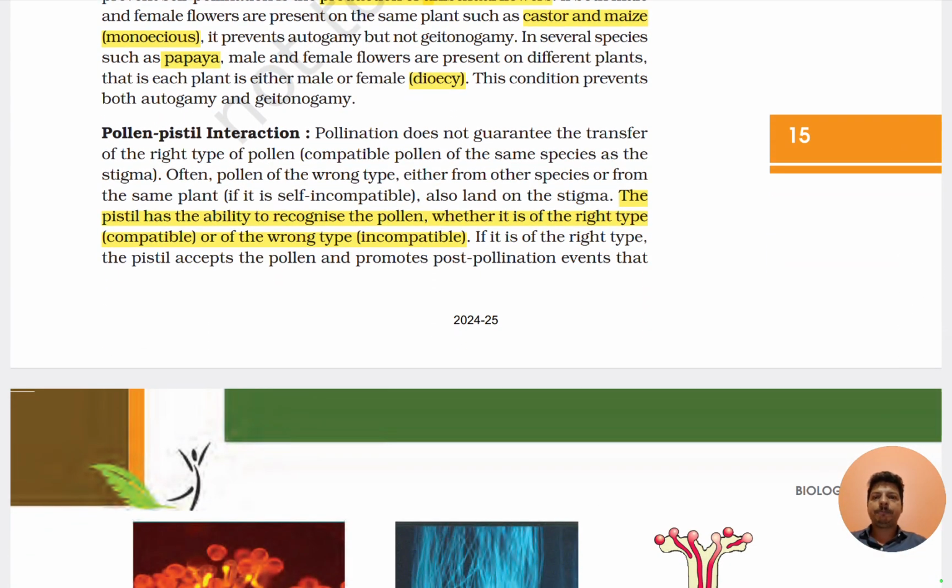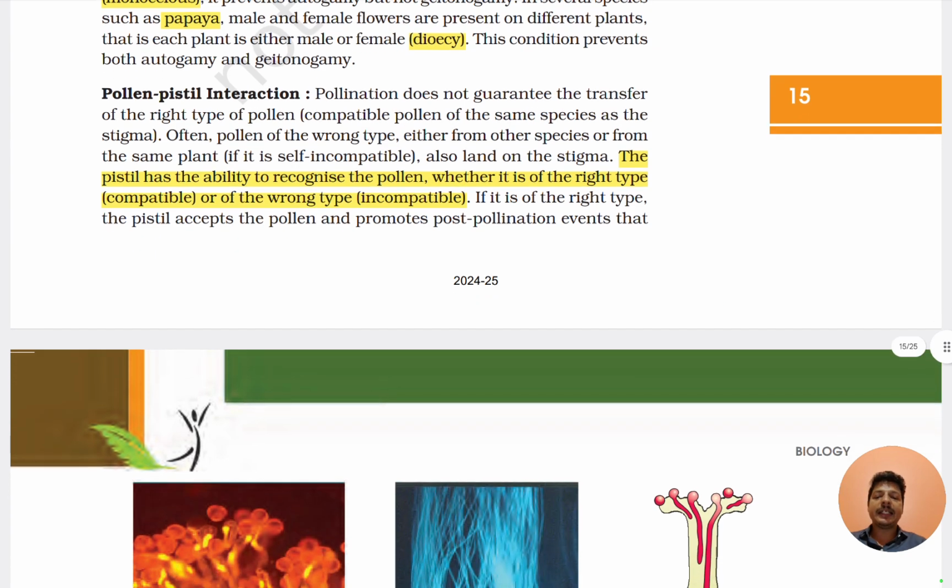Pollen-pistil interaction. The pistil has the ability to recognize the pollen, whether it is the right type or the wrong type. That is called pollen-pistil interaction.